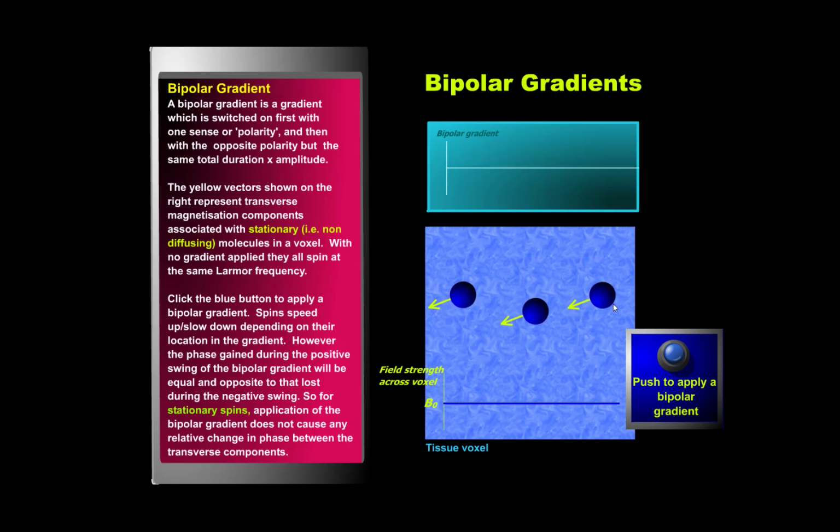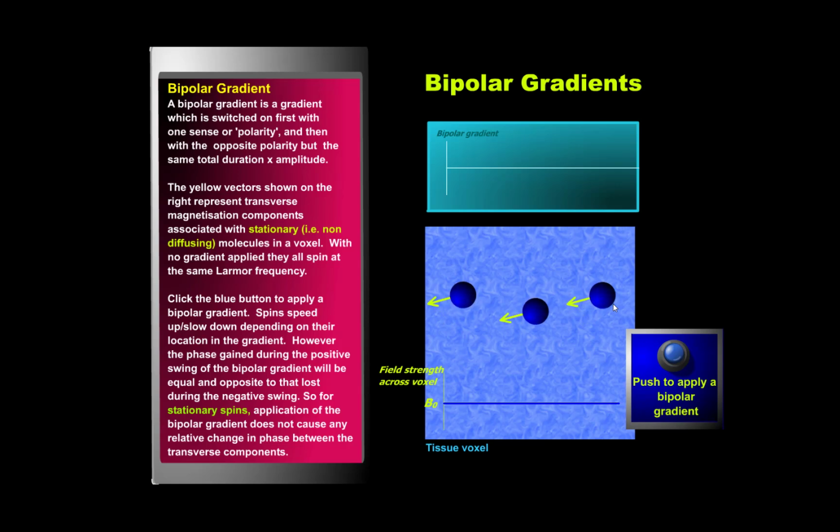So for stationary spins, this bipolar gradient doesn't really have much effect. Okay? After the bipolar gradient, the spins look more or less like they did prior to the gradient. They're still in step with one another when we're talking about the transverse component of those spins.